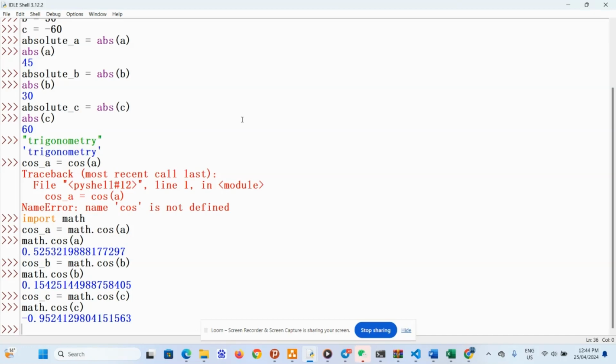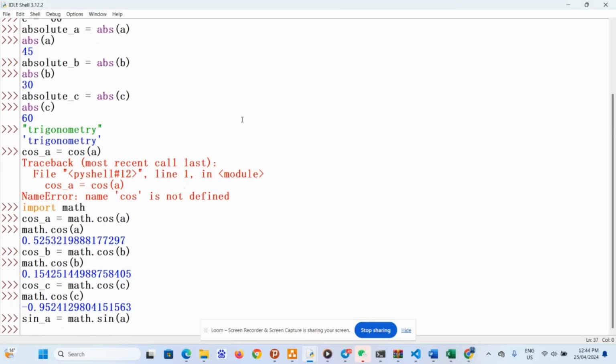Let's move on to sine. We say sine of A is equal to math dot sine of A. So tell it, math dot give us sine of A.